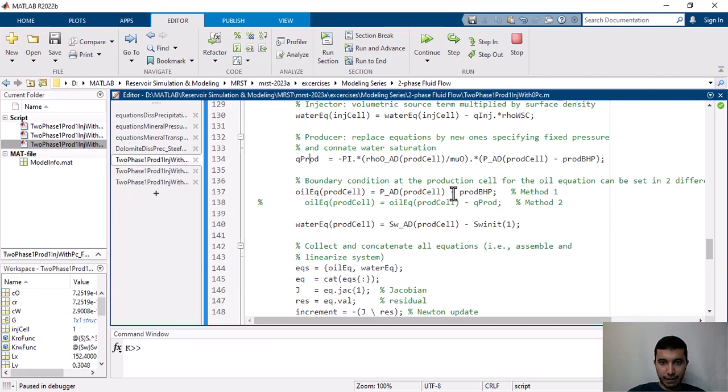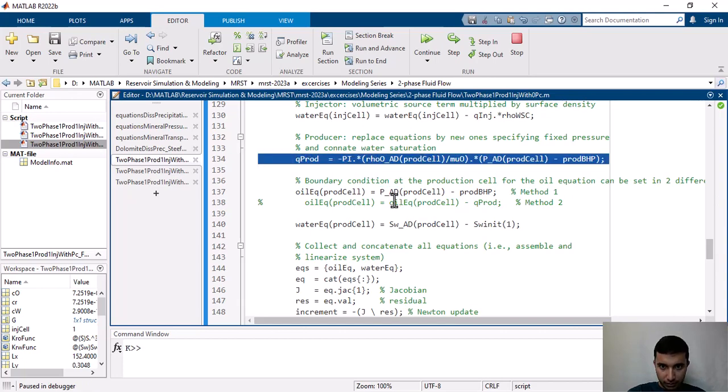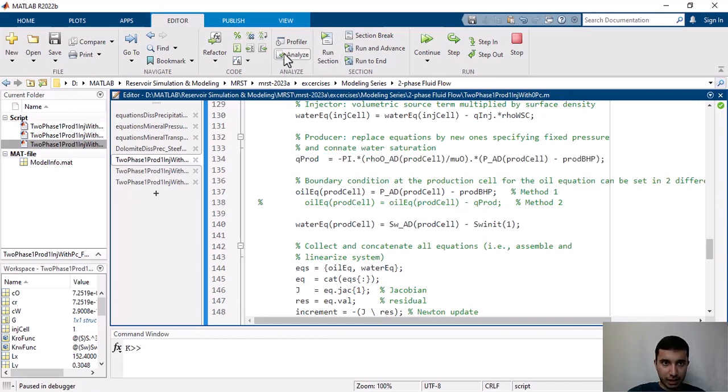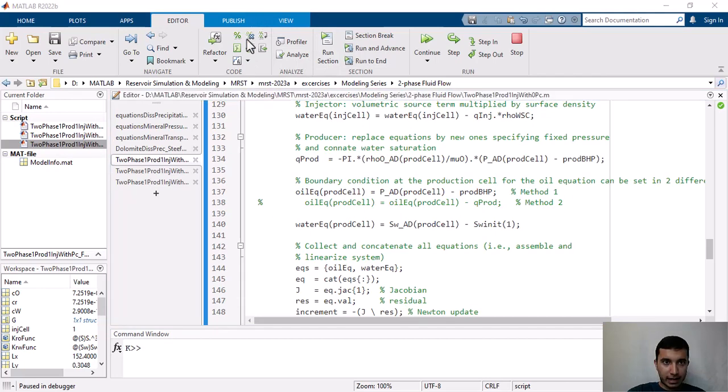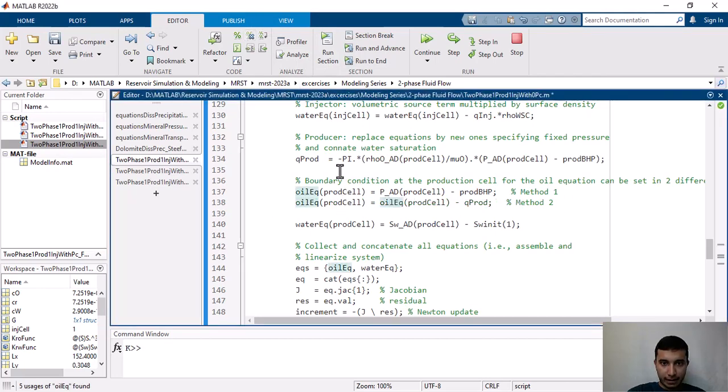And here I have added this value to... I'm sorry. Of course, here I have not used it. If I uncomment this line, you'll see that I have used this flow rate here.